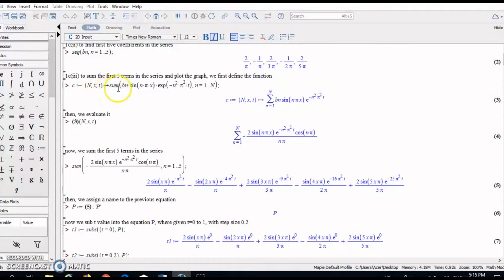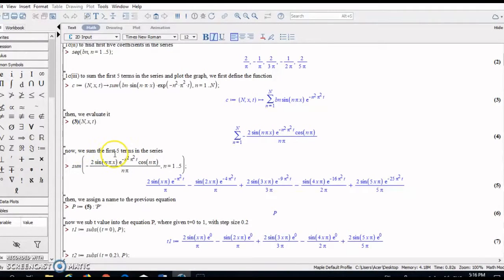We use the sum coding where Bn times sine n pi x times exponent negative n squared times pi squared times t, where n equals 1 to n. This is the function of C. Then we evaluate it, and this is the output.